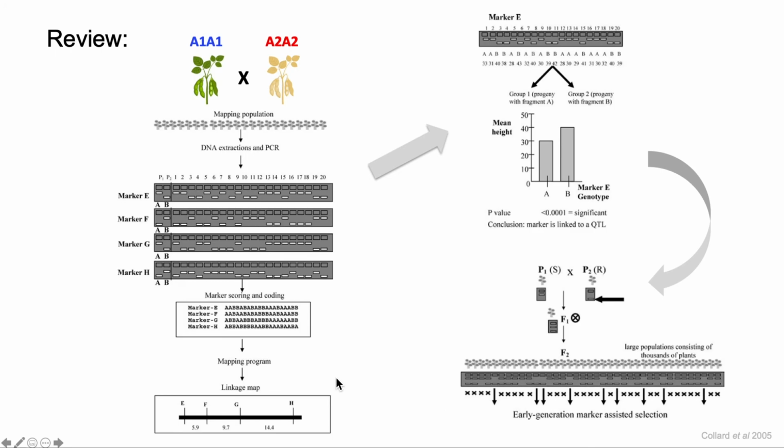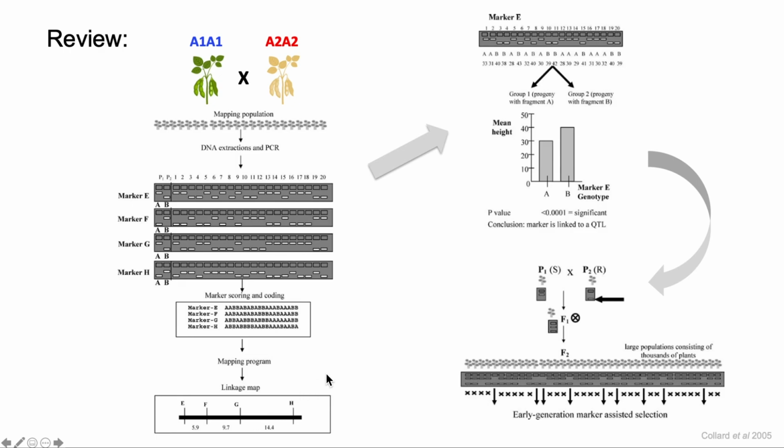And when I say resolution, it is the number of recombinations that you are going to have in your genetic map. Because with a bigger population, you are going to follow a bigger number of recombinations in your population.